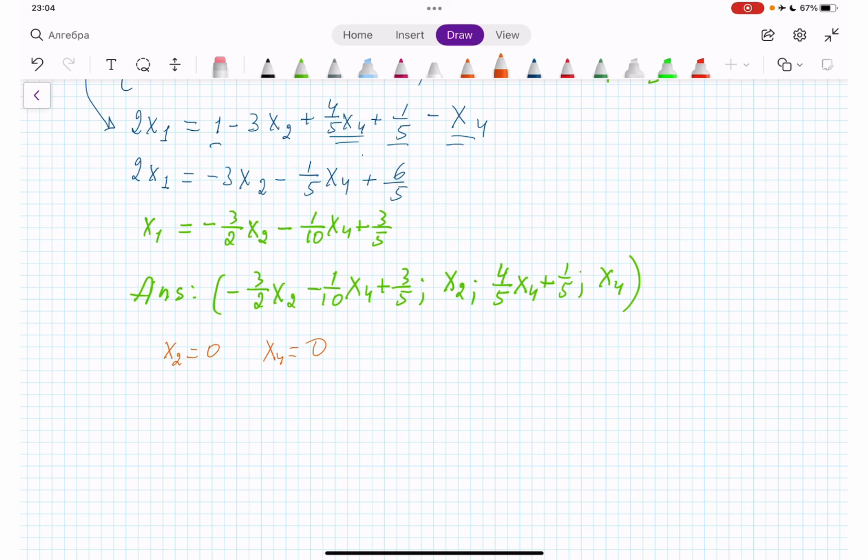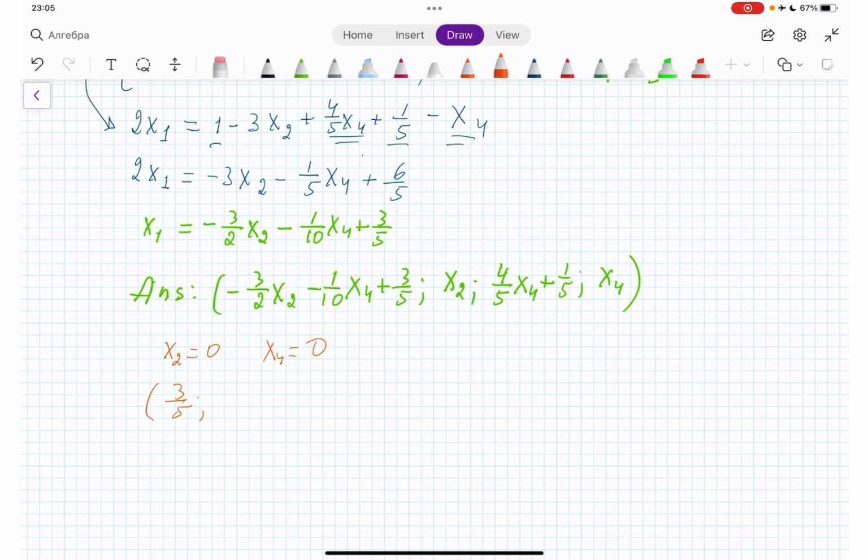Then I will take 1 and 1. Okay, let's see what we will get. Once we plug in 0, for this case, x1 is going to be only 3 over 5, because this is going to be 0, this is 0, and there will be only 3/5.